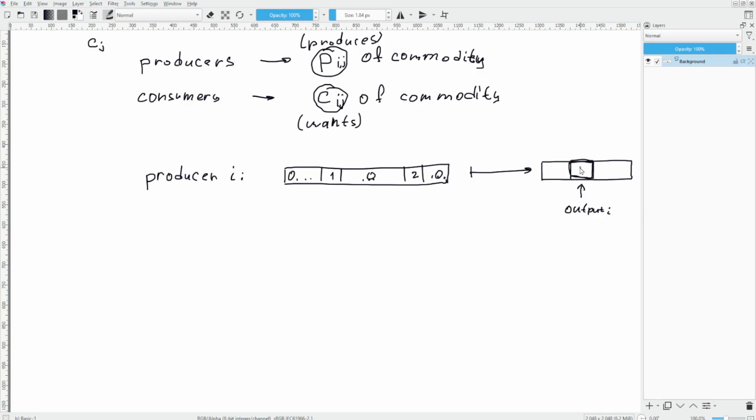And here we have, well, doesn't matter what exactly, 2. So each producer could be defined as a very simple thing, right? It is a vector of inputs and a very simple vector of outputs, assuming that this vector of inputs is satisfied fully.